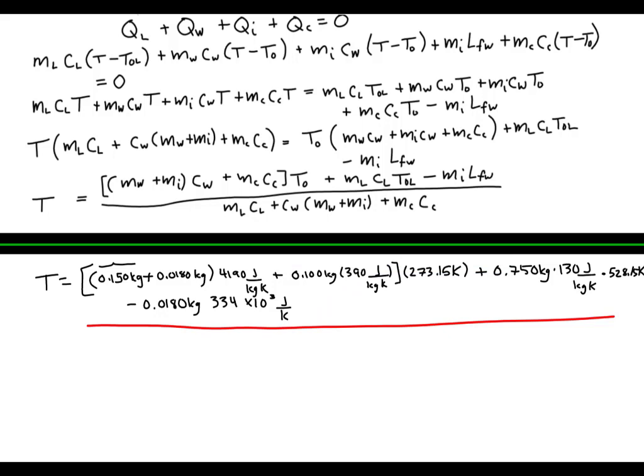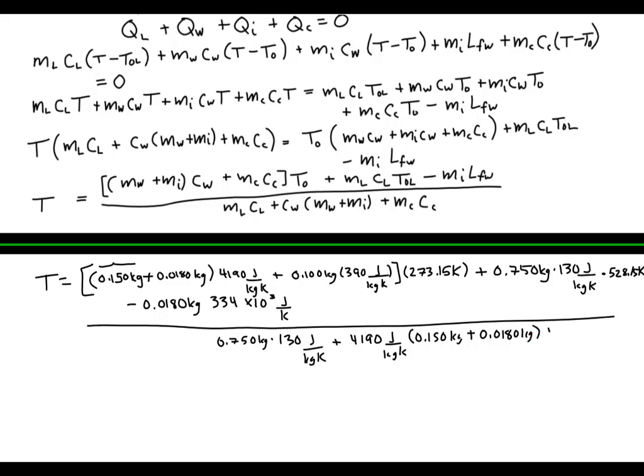This is divided by the mass of lead, which is 0.750 kilograms, specific heat of lead, which is 130 joules per kilogram Kelvin, plus the specific heat of water, which is 4,190 joules per kilogram Kelvin, times the sum of the mass of the water, which is 150 grams, plus the mass of the ice, which is 0.0180 kilograms.